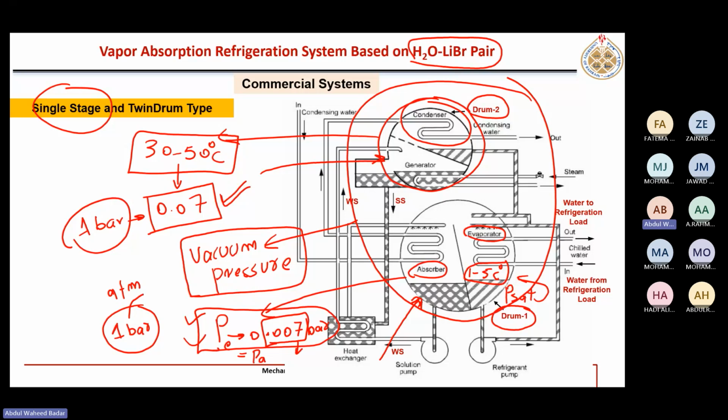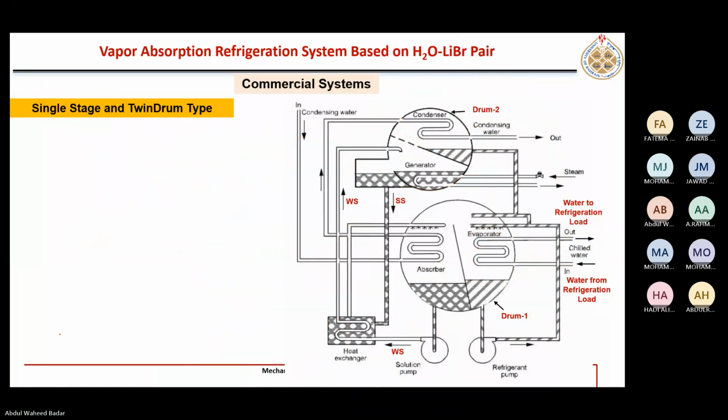Also in these commercial systems, in the evaporator, for example, here you see the refrigerant water is sprayed over a tube. In that tube, chilled water is flowing to give up its heat to this fluid. So a spray system is used in these systems.